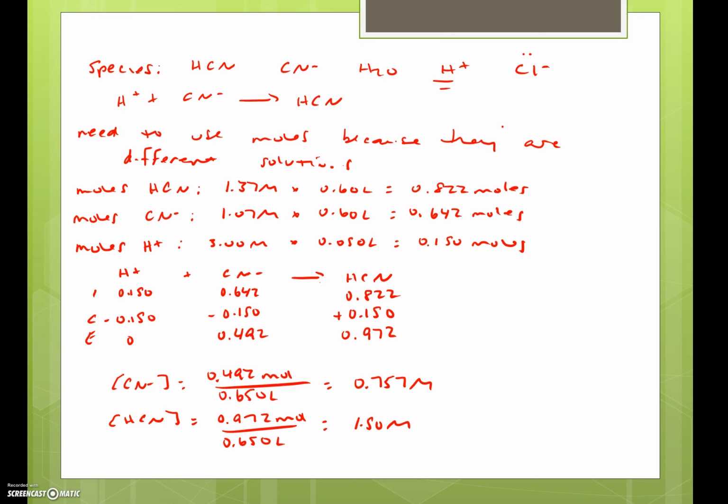And from those, we can't figure out the pH because we need either the hydrogen ion or the hydroxide ion concentration. So we're going to have to go back and do another part of our problem, the equilibrium part of our problem. It's basically the same as what we did at the beginning, where we want to calculate the pH of our buffer that's remaining in the solution.